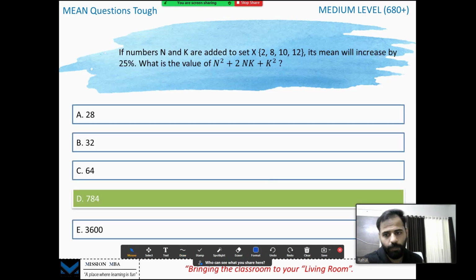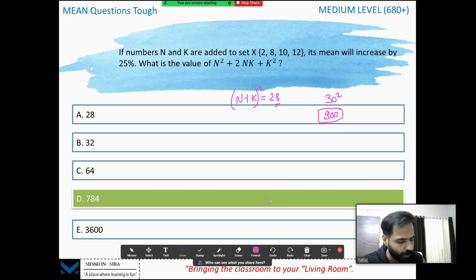So yeah, 784. Okay guys, let us say that you did not know 28 whole square, but you have reached this particular stage, n plus k equals 28, and now you need to square this up. So guys, 28 square. Now you know 30 square, right? It is 900. So the answer has to be near 900.